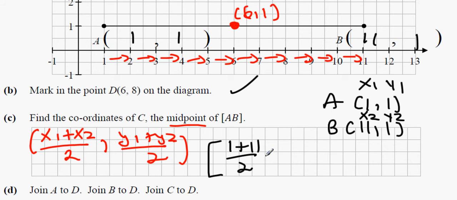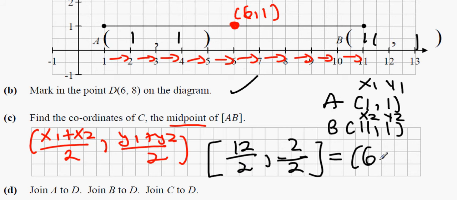The y value will be 1 plus 1 divided by 2. 11 plus 1 is 12, so that gives 12 over 2. And 1 plus 1 over 2 is 2 over 2. 12 divided by 2 is 6, and 2 divided by 2 is 1. So 6, 1, and we can see it's the same answer.